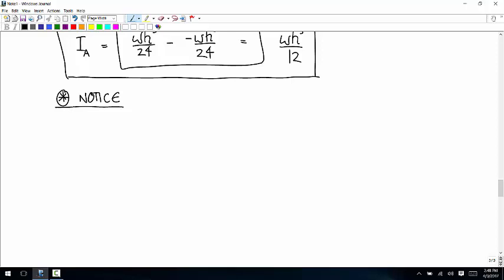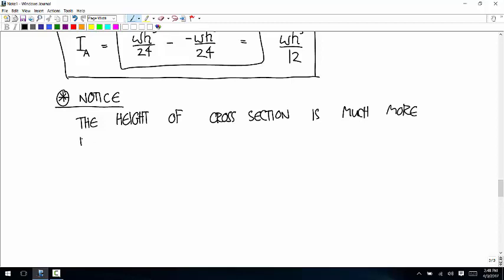So notice that the height of the rectangle, let's even just say the height of the cross-sectional shape, is much more important for I sub A than the width.